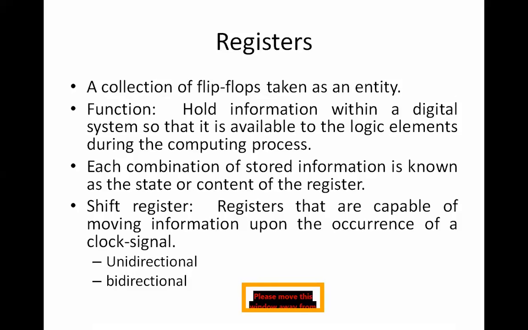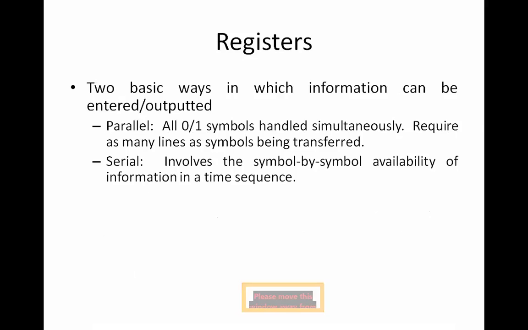Unidirectional means it moves only one way. Bidirectional means it can move two ways. Movement of data, I think you all know, is going to be in the form of parallel or serial, right? So just have a look at it.